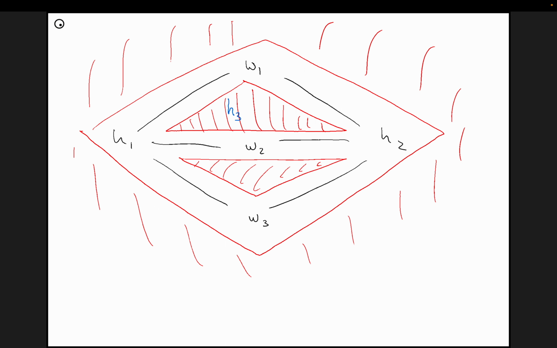And now we can connect it without intersecting any other path with well 1 easily, with well 2 easily, but we cannot connect it with well 3 without crossing any of the paths, because we are in this area.